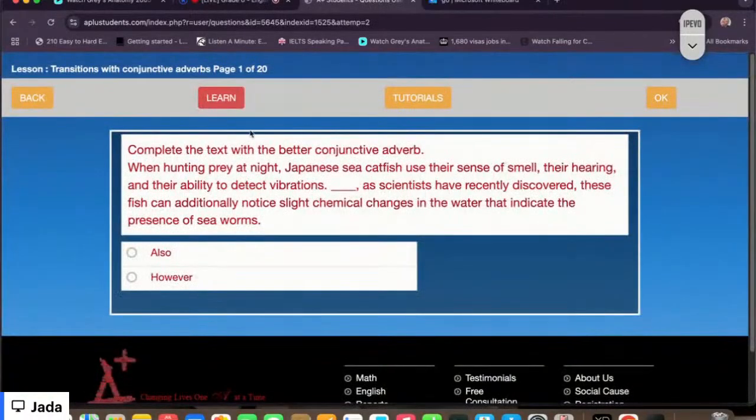So we have: complete the text with the best conjunctive adverb. When hunting prey at night, Japanese sea catfish use their sense of smell, their hearing, and their ability to detect vibration. Dash, as scientists have recently discovered, these fish can additionally notice slight chemical changes in the water that indicate the presence of sea worms. Is it also or however?